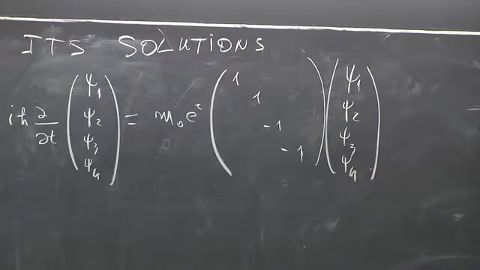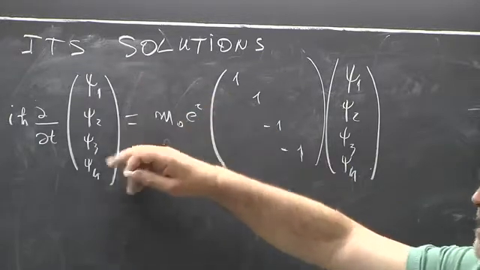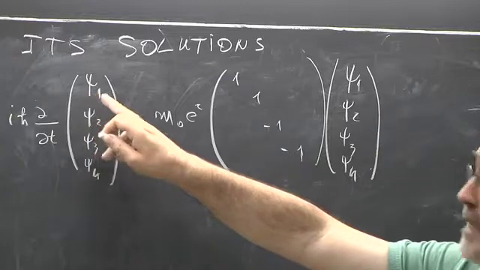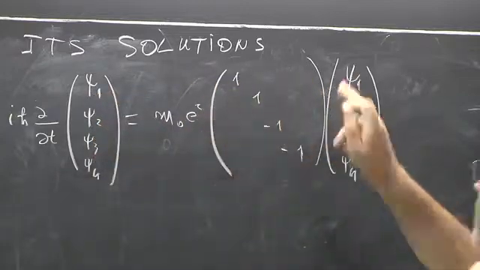Now, this equation is very easy to solve. Why? Because they are not coupled one with the other. The derivative of ψ1 is equal to mc squared ψ1.